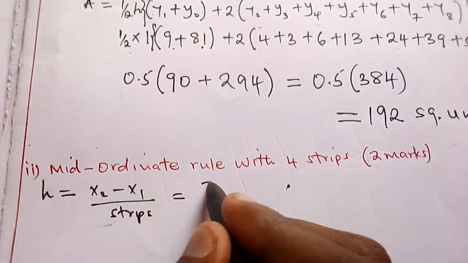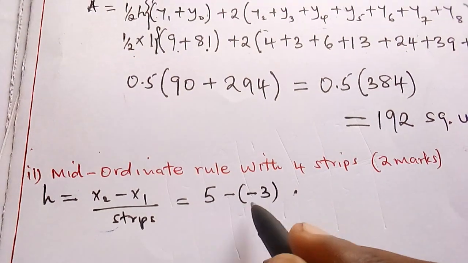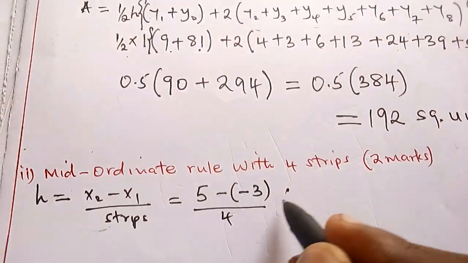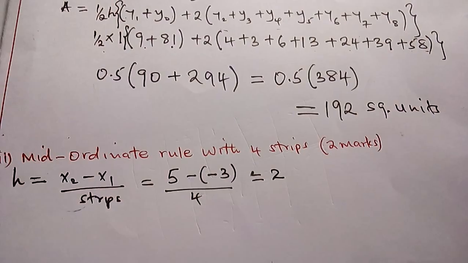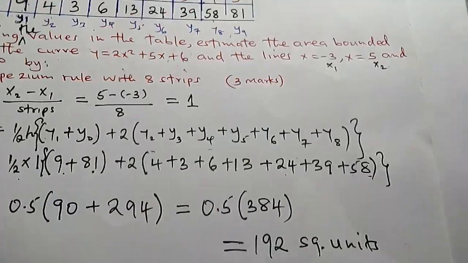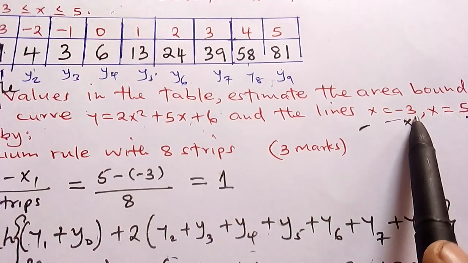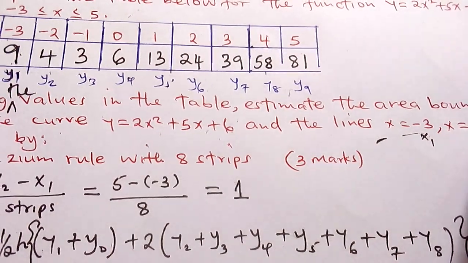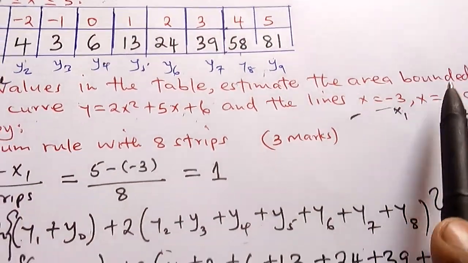So x2 is 5, x1 is -3, over 4. This one is giving us 2. So our range is the area between x is -3 and x is 5, and our height is 2.